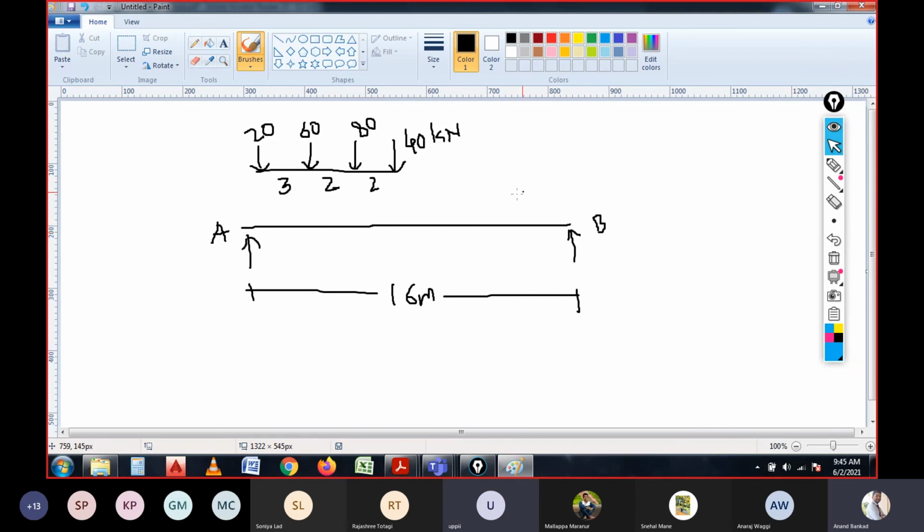The question is the same as what we discussed today, but the span is different, and the loads and the center to center distances between the loads are different. I will write the answers for this. The question again: the train of concentrated loads moves from left to right on a simply supported girder of 16 meter; determine the absolute maximum shear force and bending moment developed in the beam.